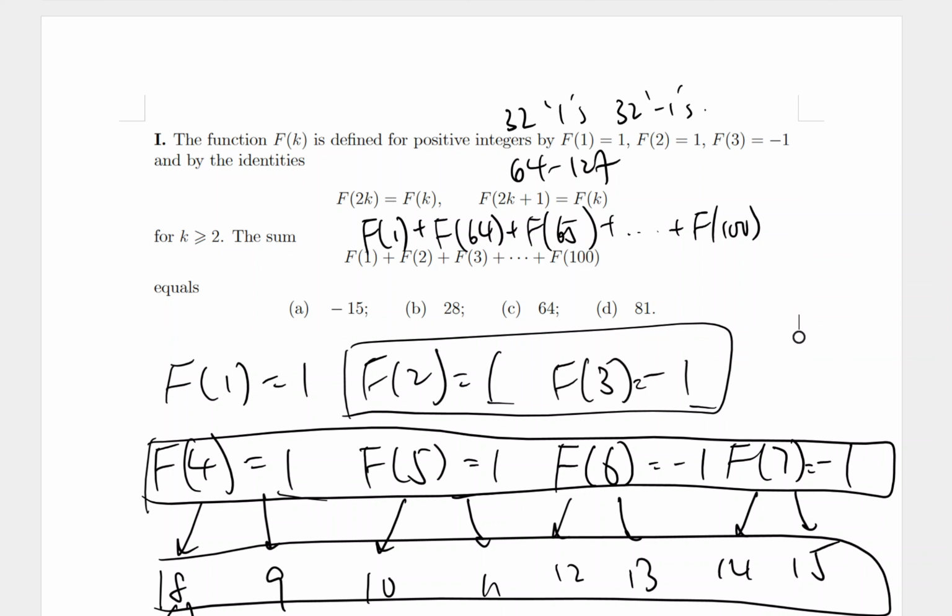So where on earth does that go to? So that is f of 64 until what? Until f of, if I can count properly, 95, right? So until f of 95 is still plus 1. It's still positive 1, okay? So f of 96 onwards, that is minus 1.